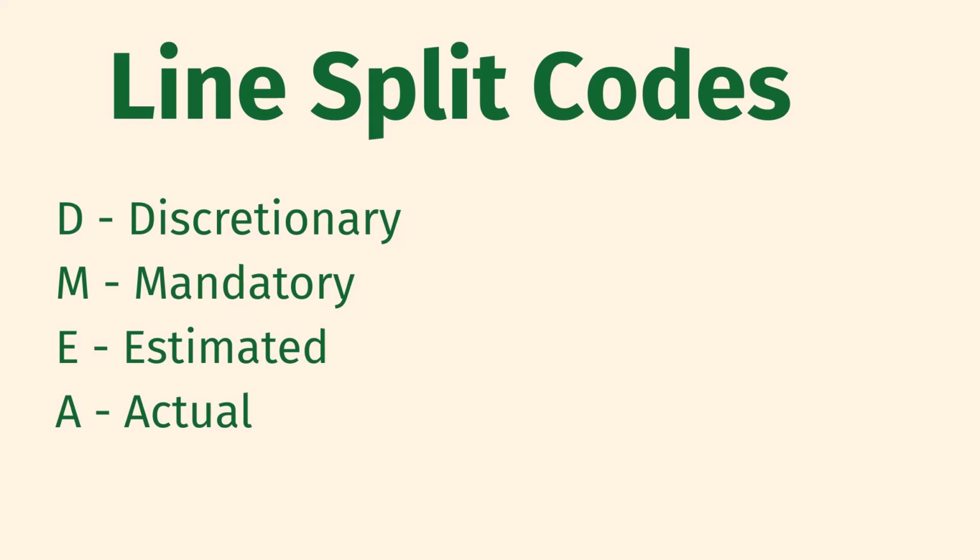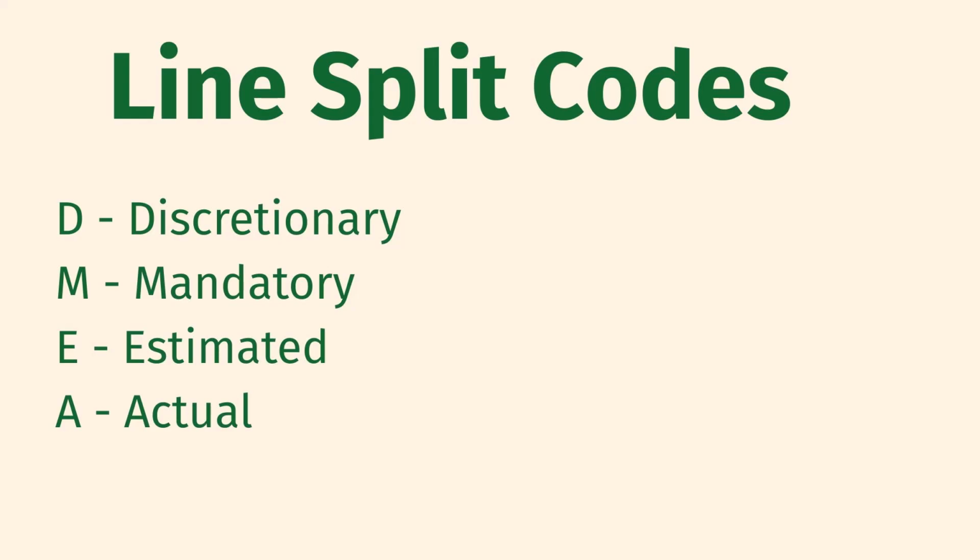But first, let me explain some additional line split codes you might see. For accounts that mix discretionary and mandatory funding, or have both estimated and actual amounts, the line splits in this section use letter codes: D for discretionary, M for mandatory, E for estimated, and A for actual.